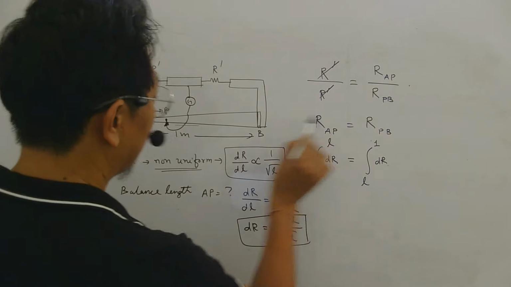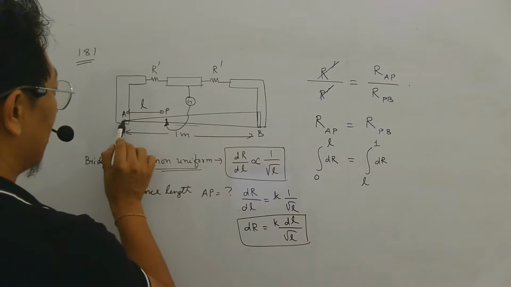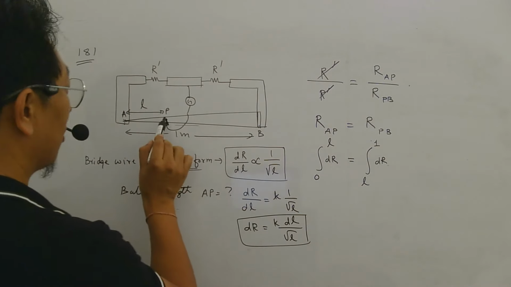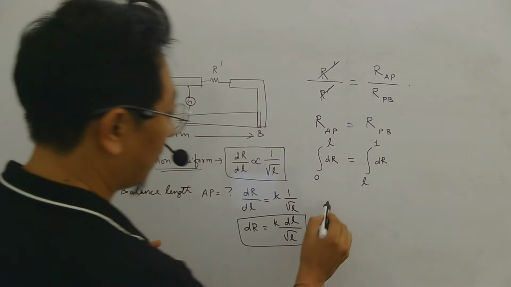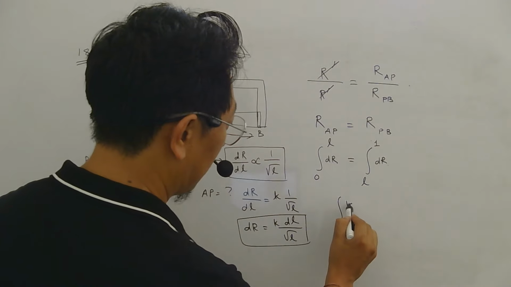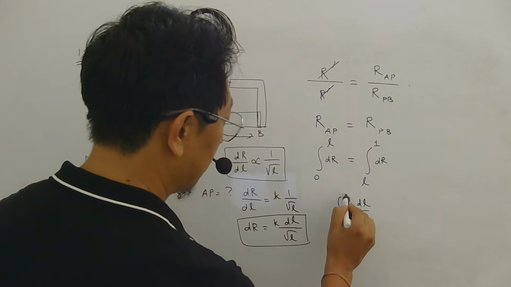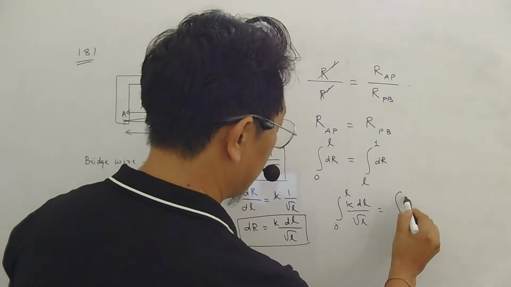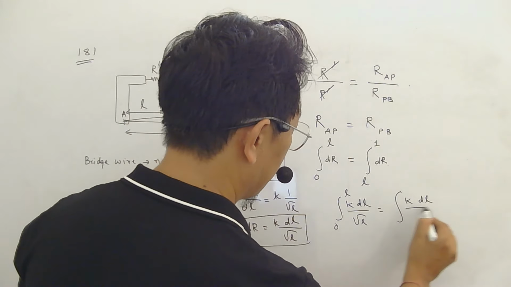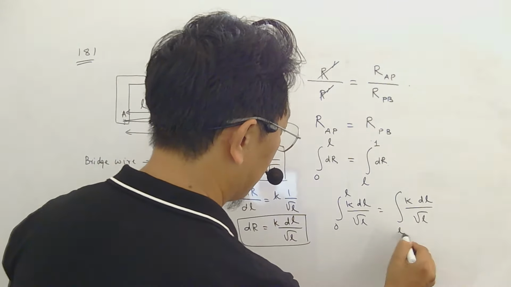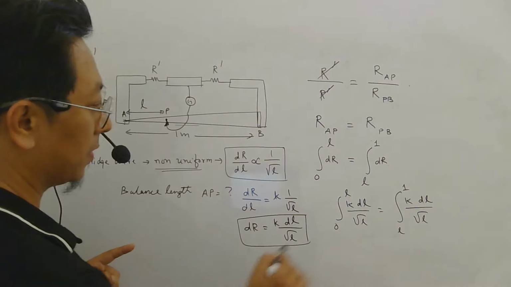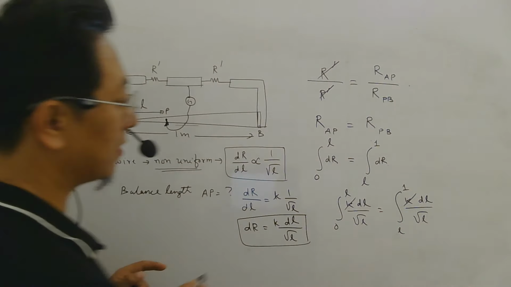And the first resistance is from here to here: when you are here, length is 0, and when you are here, length is L. So this will be the integral of K dl by root L from 0 to L equals the integral of K dl by root L from L to 1 meter. The constant K will cancel.